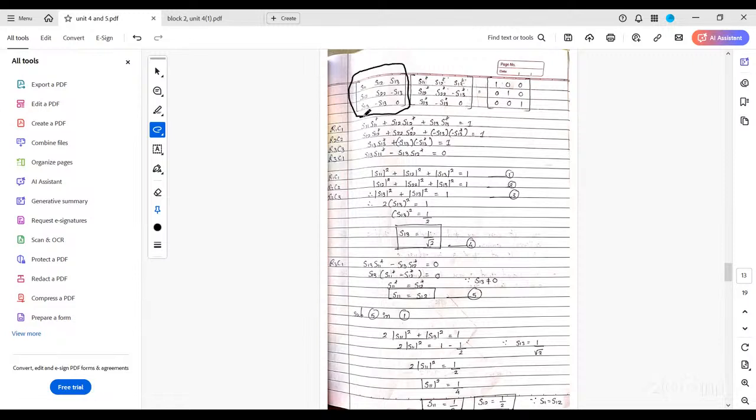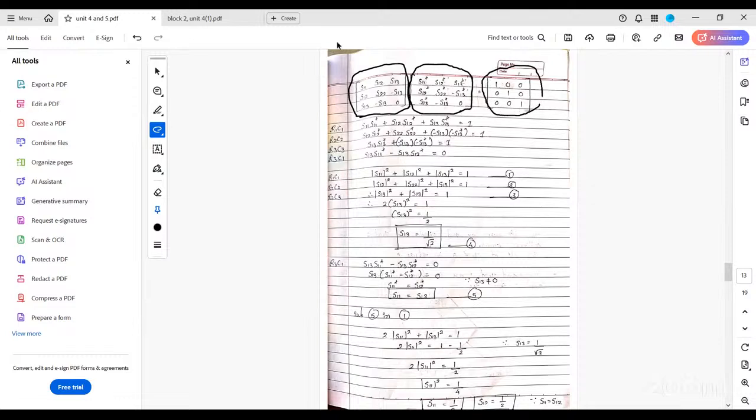First row: S11, S12, S13. What is the second row? S12, S22, minus S13. What is the third row? S13, minus S13, 0. And take its complex conjugate form. The same matrix in terms of stars is written. This is called the complex conjugate of the matrix, equated to the identity matrix.